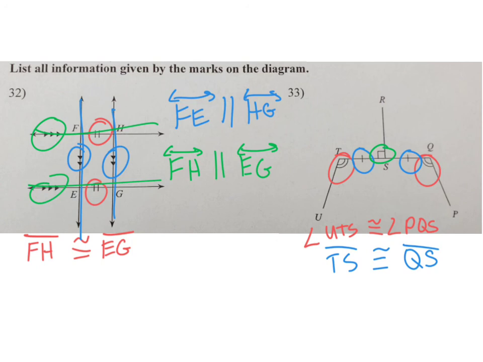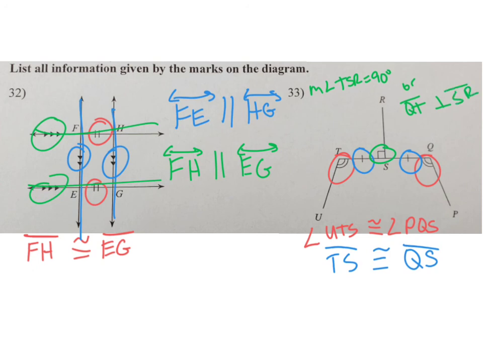I could say the measurement of angle TSR equals 90 degrees. Or I could say QT is perpendicular to SR. So that's another way to do it.